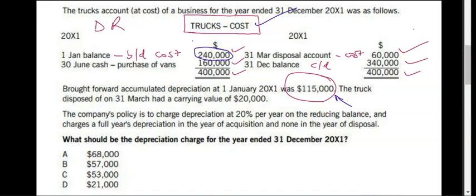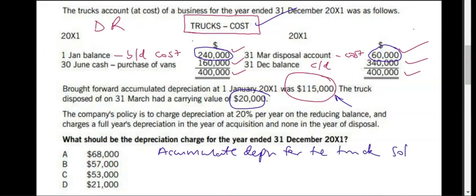The truck disposed of on 31st March had a carrying value of 20,000. So this was the cost of that truck which was disposed of, and 20,000 was the carrying value. For us to determine the accumulated depreciation for the truck sold, accumulated depreciation is given by cost less carrying value.